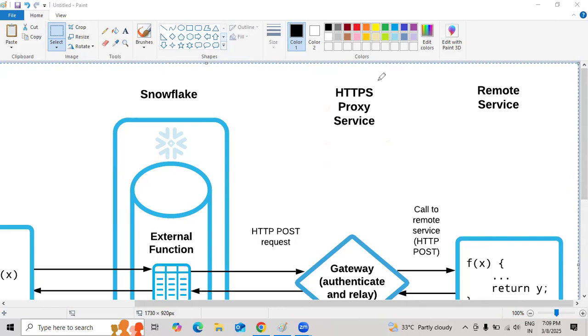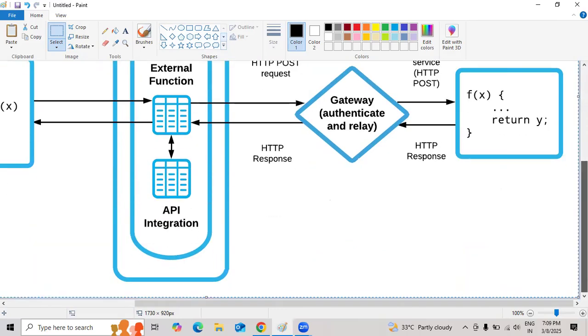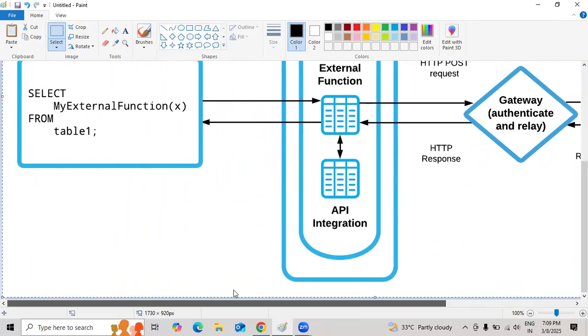As examples, a proxy service could be Amazon API Gateway or Microsoft Azure API Management. This is also one of the key and important components that we are using.